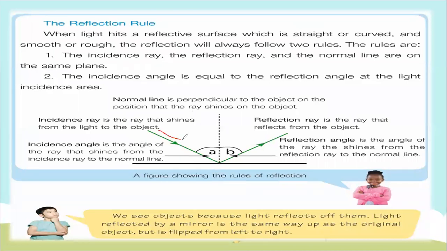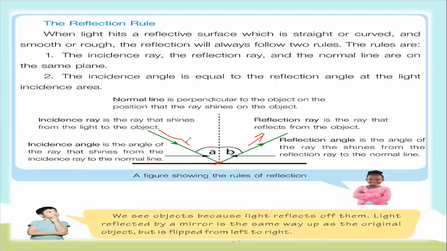Here, this is the incidence ray. Okay, the flashlight is the object we use. And this one is the reflection ray, after hitting a surface and reflecting. So we learn here that the light coming from the source, after hitting the surface, is going to reflect at the same angle.